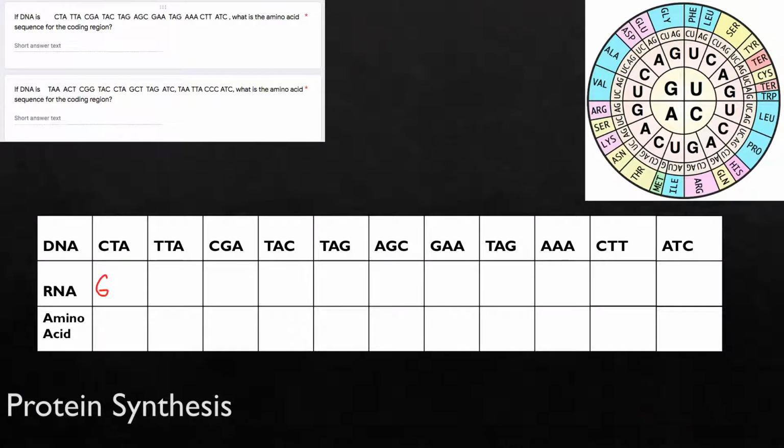We know CTA is going to give you GAU, and then we have TTA, and we know that T with RNA is going to partner up with adenine, and remember uracil is only found in RNA, and that's what A partners up with, so AAU, and then we have GCU, and then AUG, and we have AUC, and we have UCG, and we have CUU.